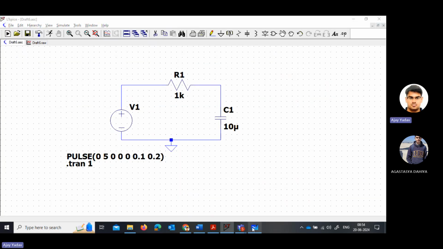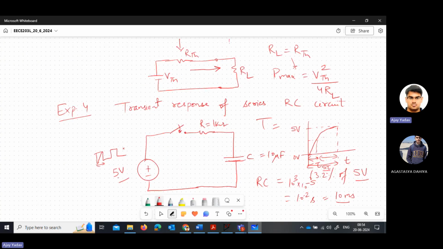Now what is the RC definition? That it should be 5 volt multiplied by 0.63. What is the value? This is 63.2% of the peak value, 0.632. If you multiply 5 with 0.632, it is 3.16.